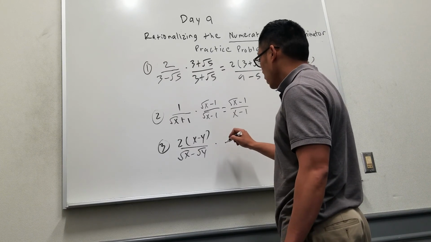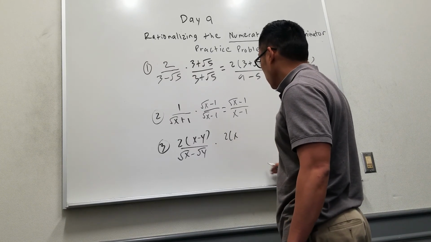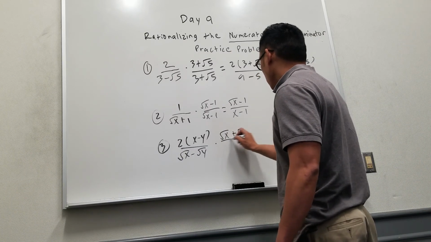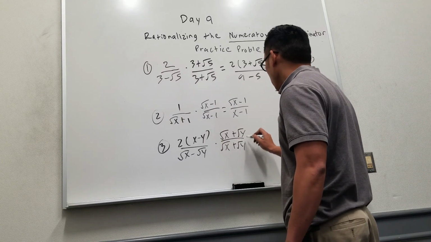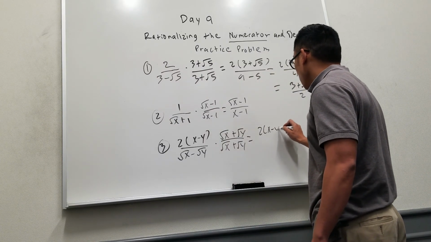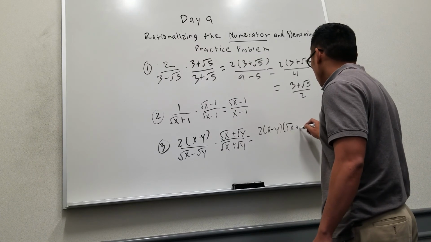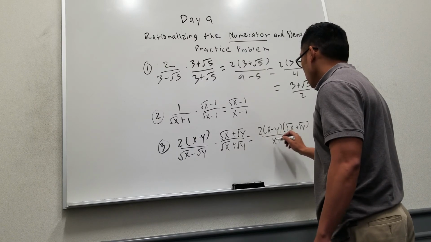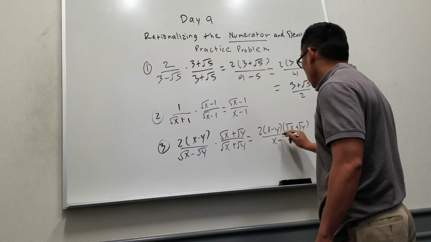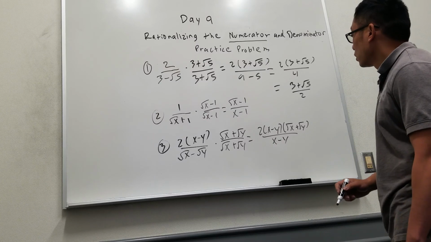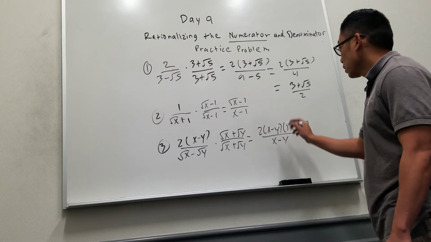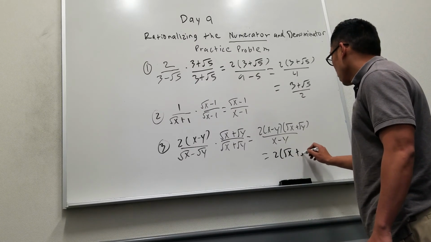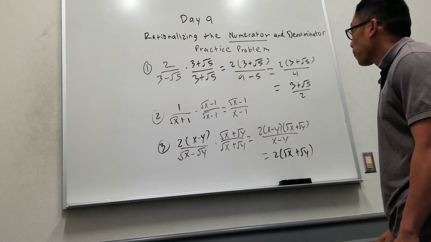Pause the video if you haven't tried it. So I'm just gonna multiply by the conjugate, right? Radical x plus radical y, radical x plus radical y. You get 2x minus y, radical x plus radical y. You get radical x, this will be x minus y. What do you notice? What cancels? The x minus y, so it's just equal to 2 radical x plus radical y. That's it.